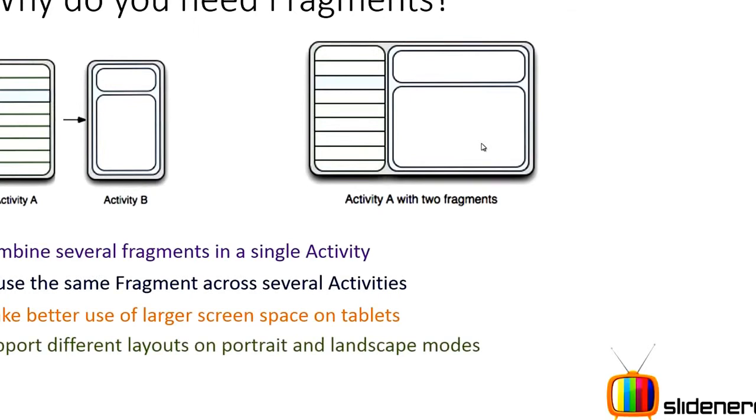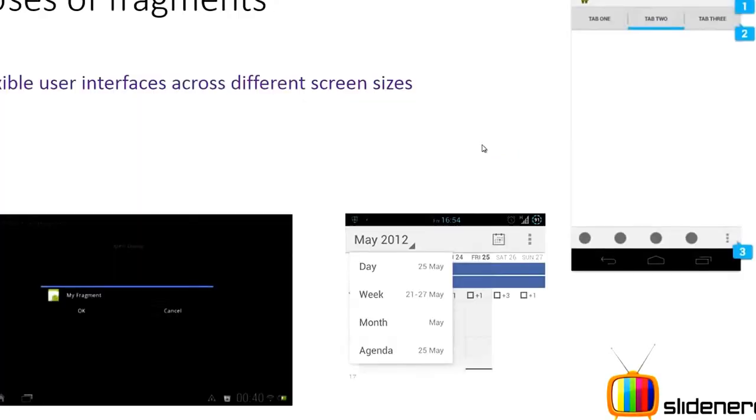You can support different layouts on the portrait and landscape modes. Flexible user interface design is one of the most important things that fragments support. Of course, in my video playlist, as we go further, I will show you an example of how you can make a separate layout for portrait and landscape and how you can make it work.